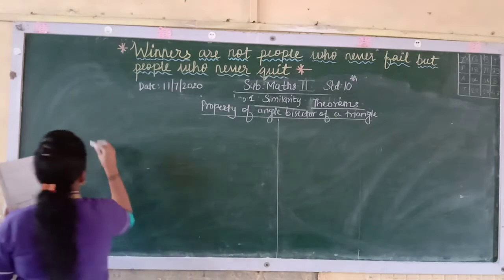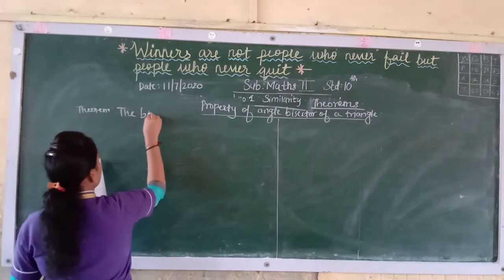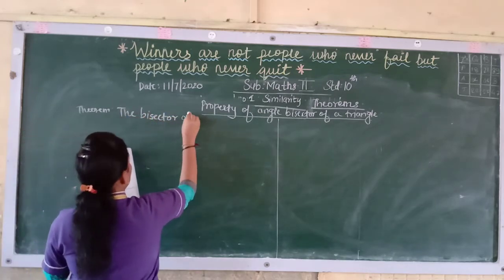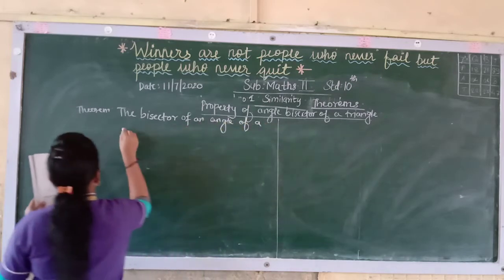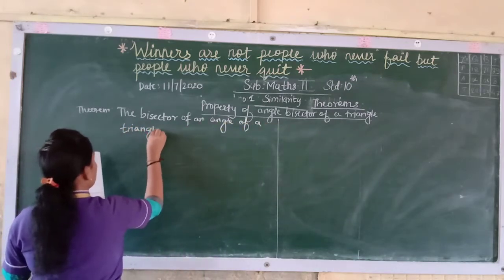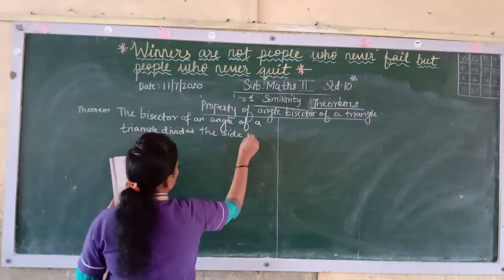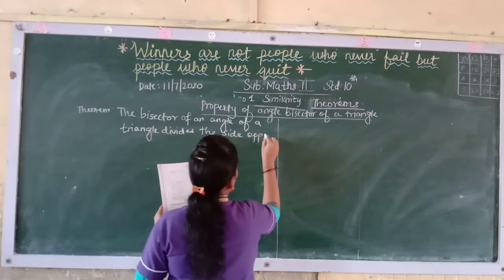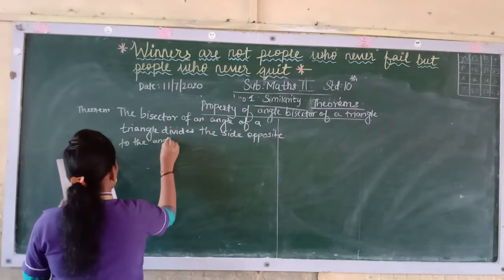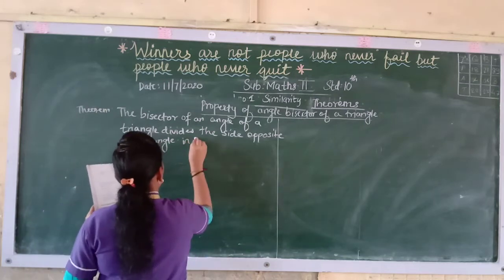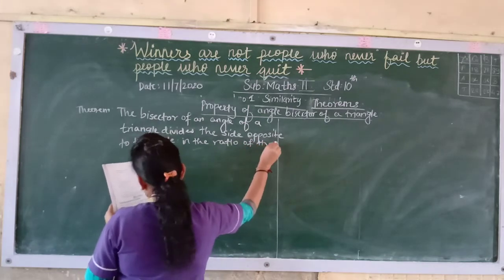So we'll see the theorem over here. The bisector of an angle of a triangle divides the side opposite to the angle in the ratio of the remaining sides.